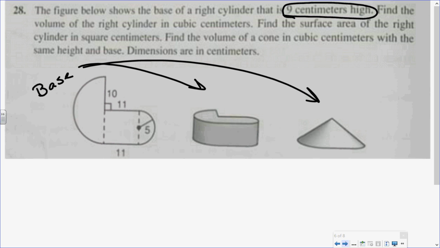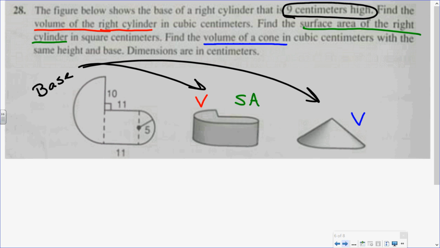And we want the volume of the cylinder, so the one that goes straight up and down. We want the surface area of the cylinder also. So we also need surface area for that one. And then we want the volume of the cone, the one that comes up to a point.